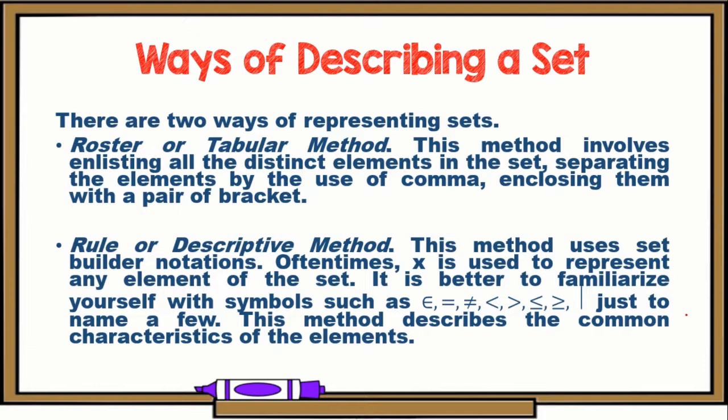It is better to familiarize yourselves with symbols such as is an element of, equal, not equal, less than, greater than, less than or equal, greater than or equal, and this elongated L, which is read as such that, because these will be the symbols that we are going to use in the descriptive method.